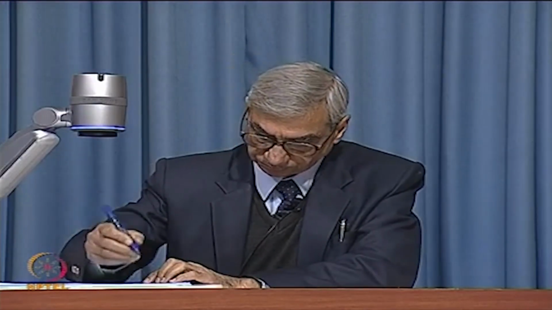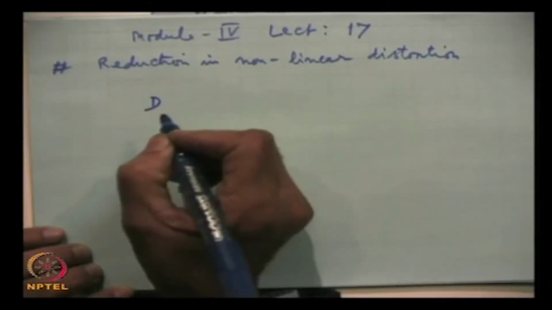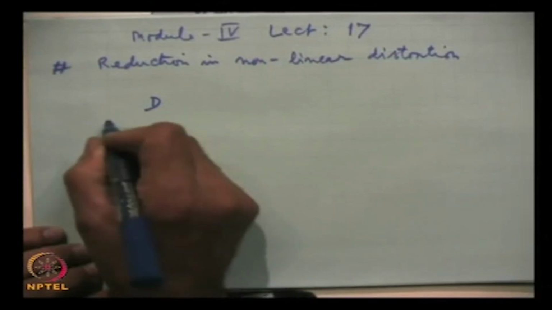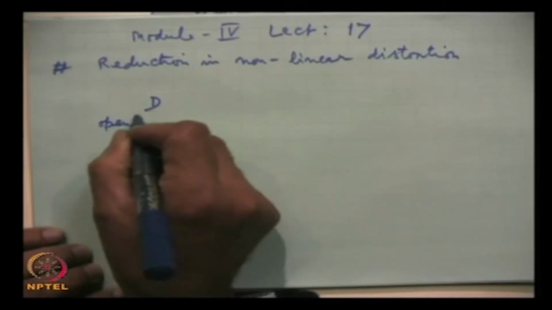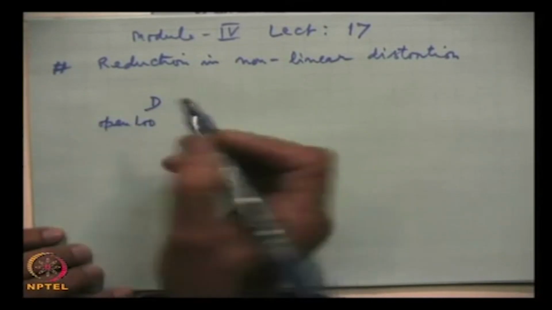Now, the nonlinear distortion may be defined as D. This is for open loop. The definition is the same for open loop or closed loop.